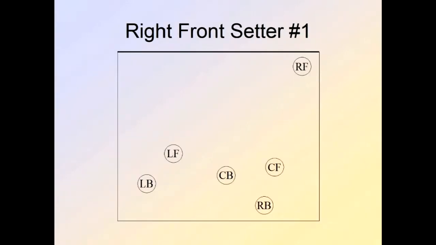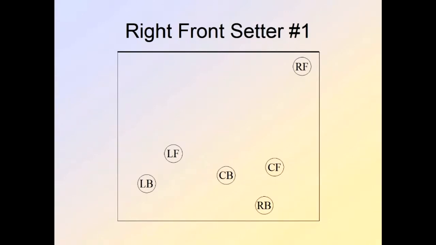In this positioning, the setter has now rotated to the right front position, and there's a front to back alignment issue with the left back and the left front along with the center back and the center front.